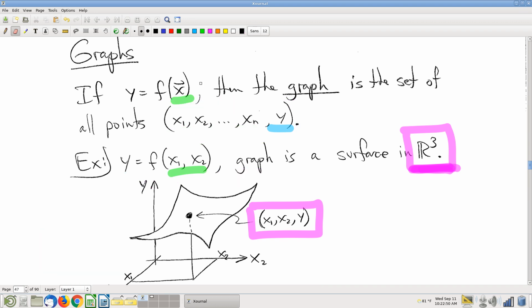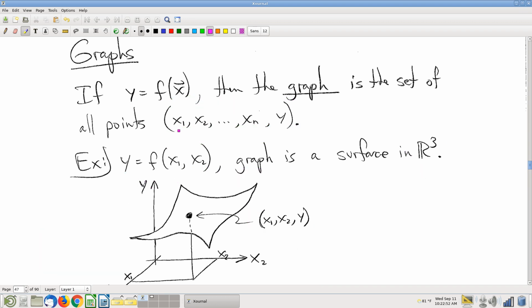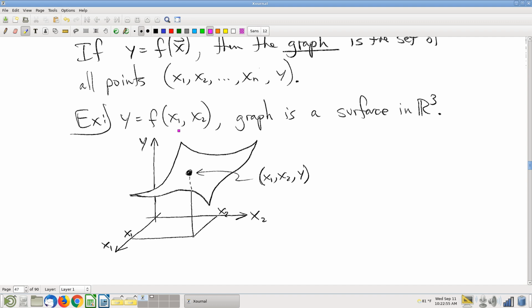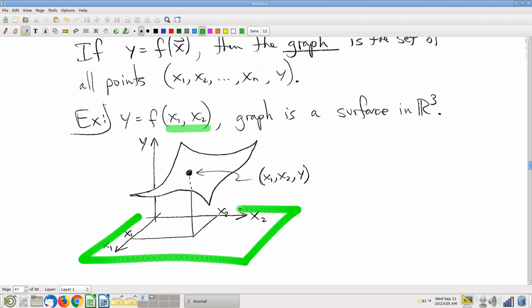When you have multiple input variables, you're going to get an even higher dimensional picture, such as, for example, here you get a three-dimensional picture. I'll also point out that however many input variables you have tells you the dimension of your domain, which you can sort of see as a part of the space that the graph lives in. We have two input variables here. For every point in this two-dimensional domain, we get a corresponding point on the graph.